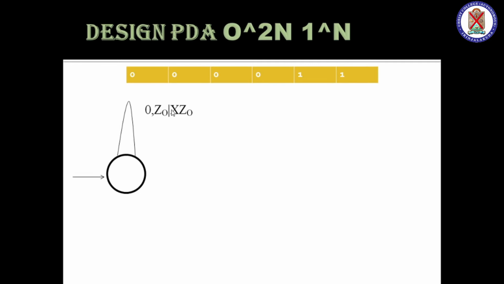When I insert the first 0, it is marked as x, and when I see another 0, it is marked as 0. We have to take a pair of zeros, and for a pair of zeros there is only one 1, then only it will be matched with 1.